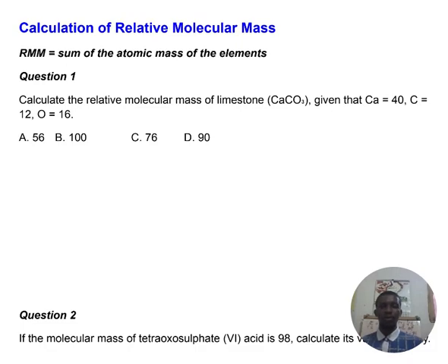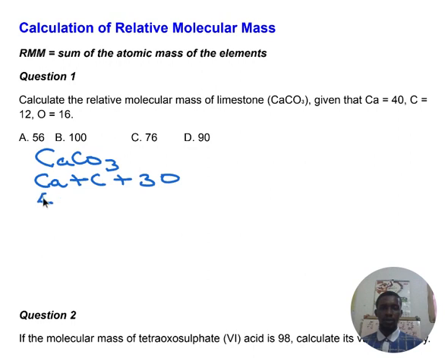Calculate the relative molecular mass of limestone, given that calcium is 40, carbon is 12 and oxygen is 16. So for limestone, CaCO3, you can see that we have one calcium, one carbon, and then 3 oxygen.